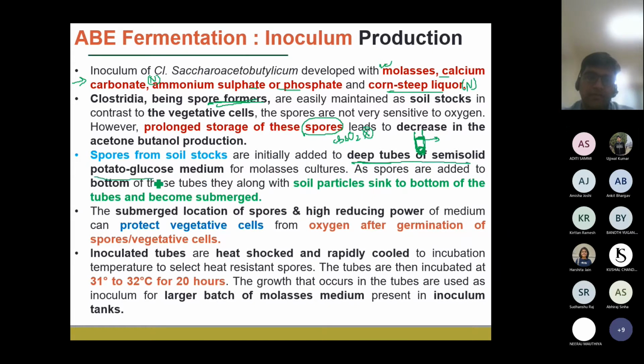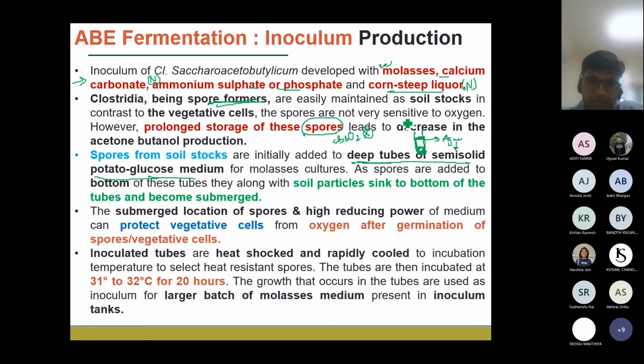The medium is generally potato glucose medium, and to make it a solid medium, along with these two components, we add agar. This agar helps in the solidification of the tubes, and then the spores are inserted deep inside the tubes and left behind.